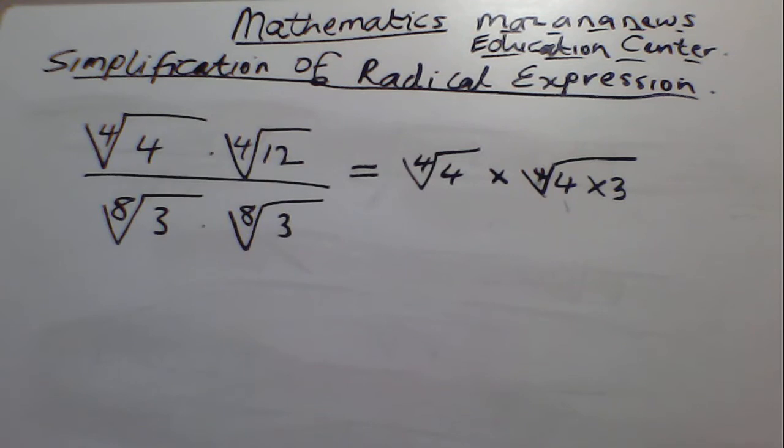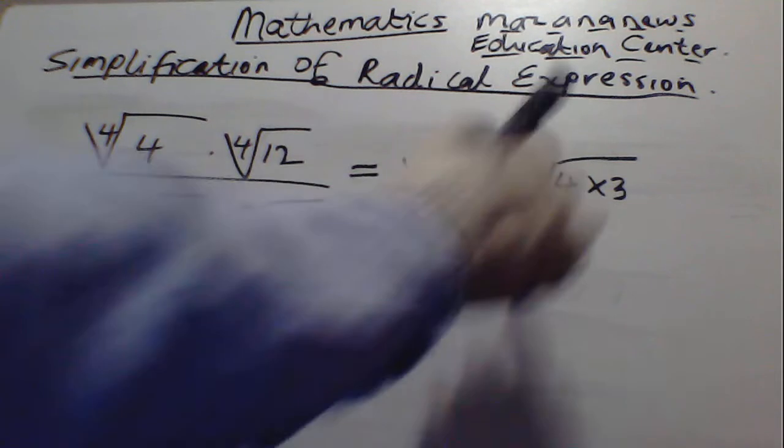Always look at the radical with the major radical and split it into a product so that you can see very clearly which terms will be cancelled out and the others simplified.